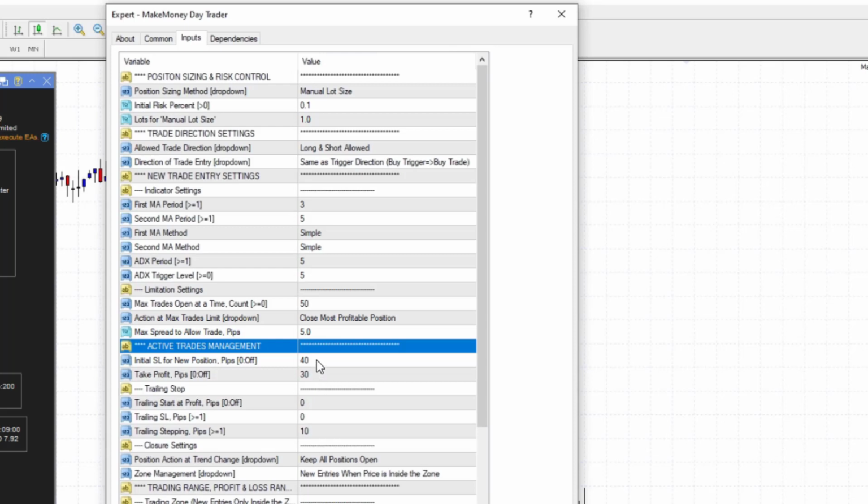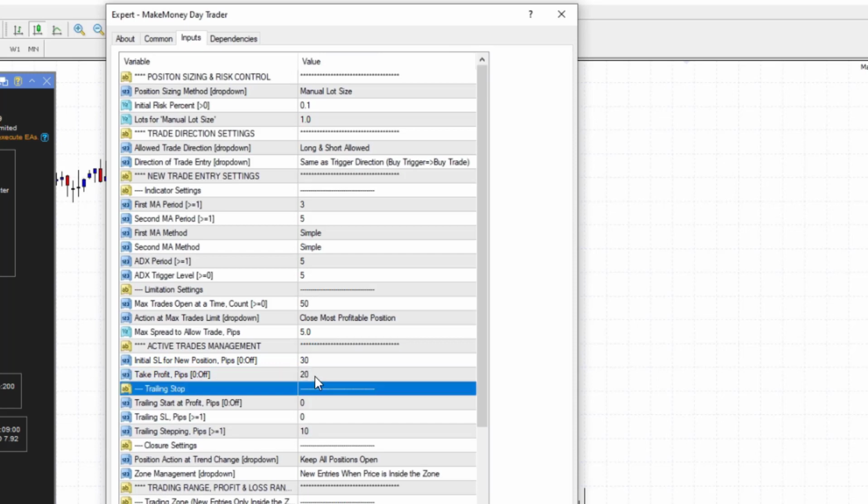In my particular case, I want slightly bigger stops, because I want to give the trade room to move, but I'll also have smaller targets. So the cash-ins will happen faster, and we're giving the price room to move in terms of having slightly bigger stops. So that's one of the things I like doing. You can do the opposite. You can go for a 20 pip stop, but I like giving the price room to move.